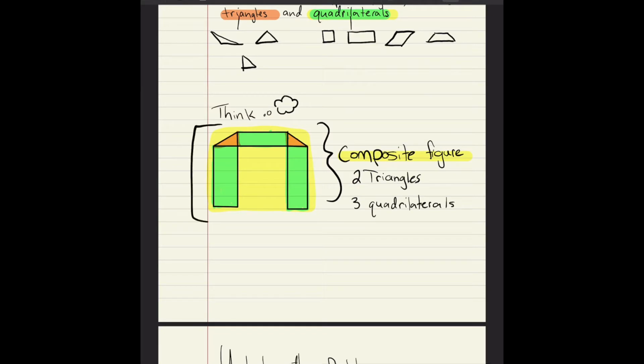So what do you think we would need to do in order to find the area of this entire composite figure? If it's broken up into smaller figures, well, not broken up, it's made up of smaller figures.